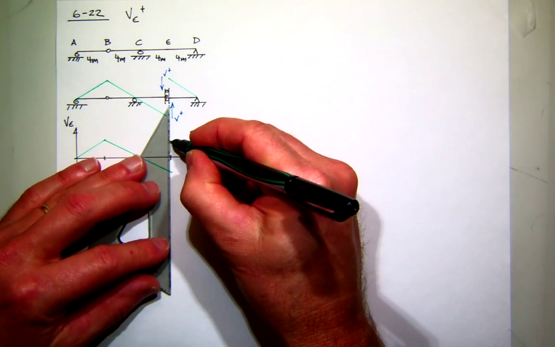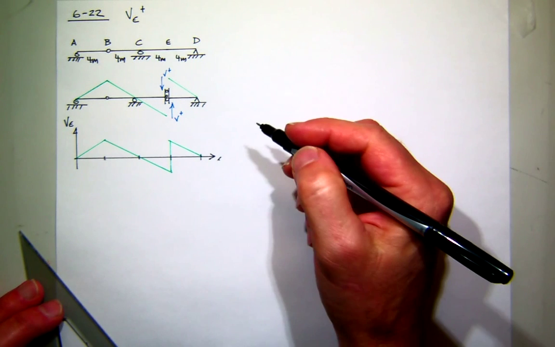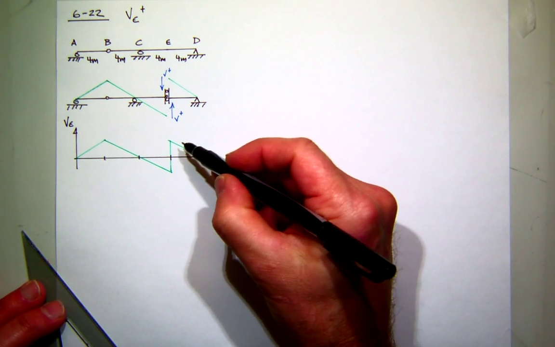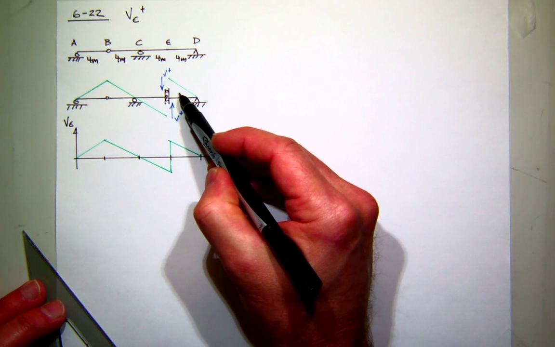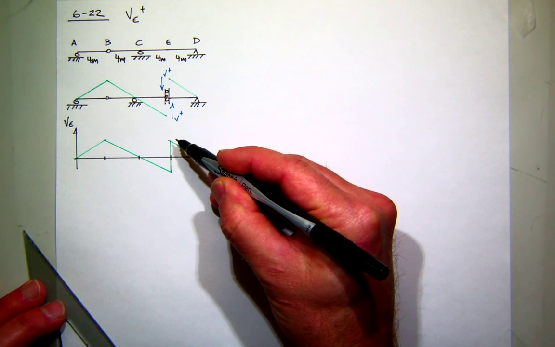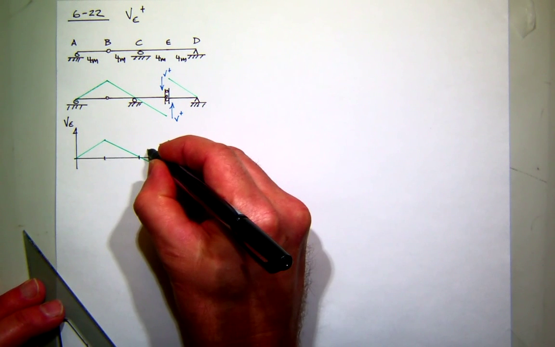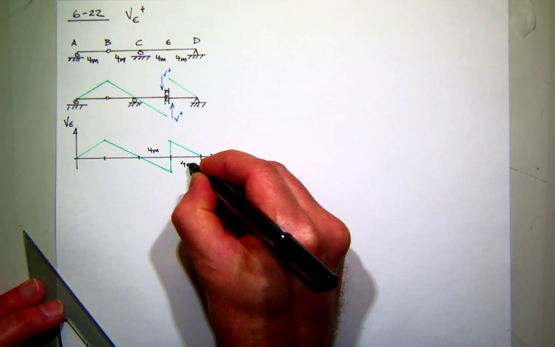Now, we've talked about this before, but shear influence lines have this extra little help in that we know that as we move from one side to the other side of this fictitious shearless connector, what's the total change in the shear? 1.